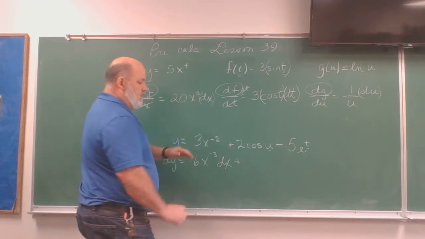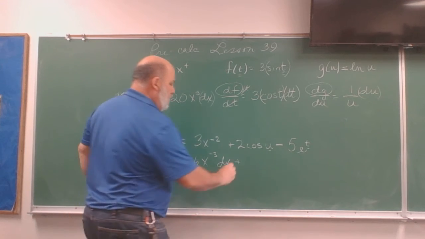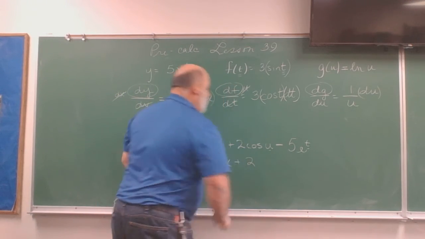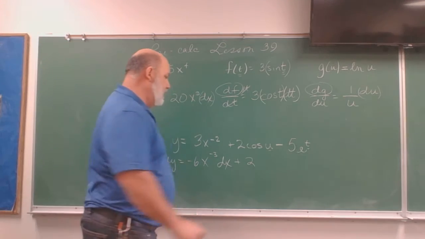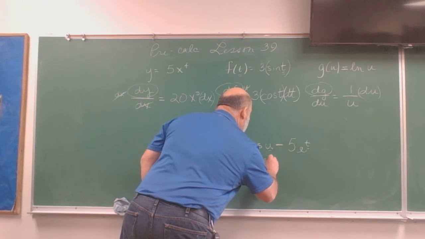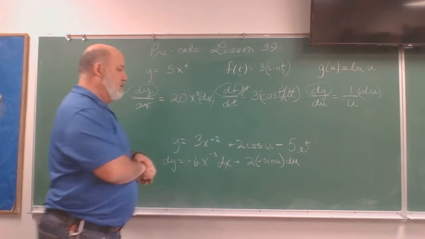Plus, what's the derivative of 2 cosine u? Well, it's 2. I don't know if we've covered this, but the derivative of cosine is negative sine u, and then you have a du after it.